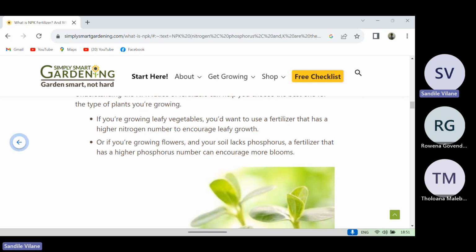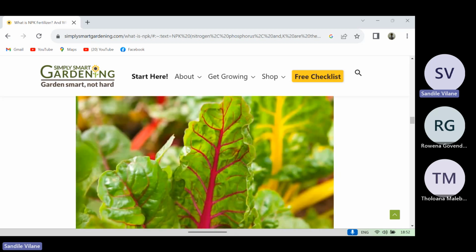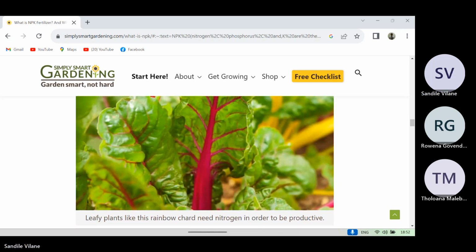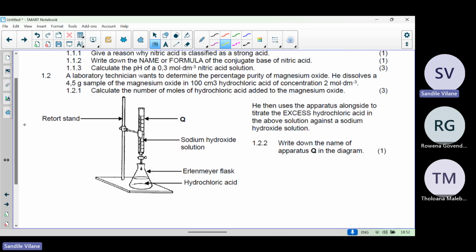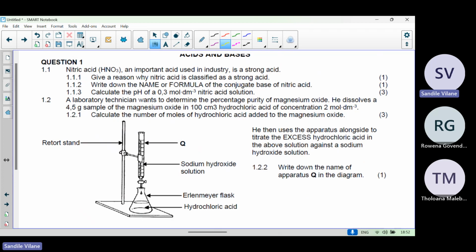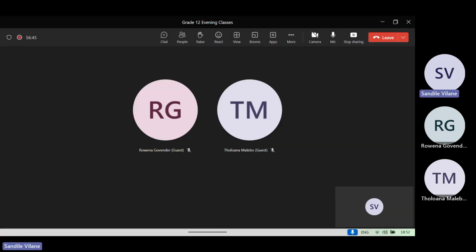So if you want to plant spinach, for example, cabbage, lettuce, those are leafy vegetables. For the growth of leaves, nitrogen plays a very important role. So you'd want to choose the NPK ratio that has a higher concentration of nitrogen. It's very important that you understand. If you want to grow plants, please do consider that NPK ratio when you buy your fertilizer. So you consider all of those things.